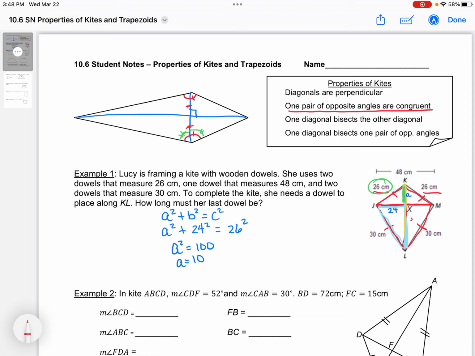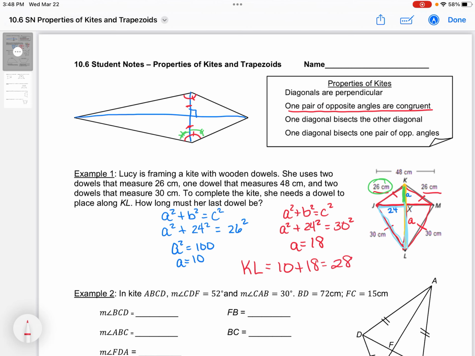So now this is going to be our A, which I should make it the B. Anyway. Okay, so now we're going to have A squared plus B squared equals C squared. So we're going to have A squared plus 24 squared equals 30 squared. And when you work that out, A is equal to 18. So KL is going to be equal to 10 plus 18.